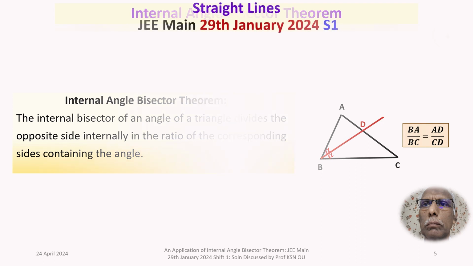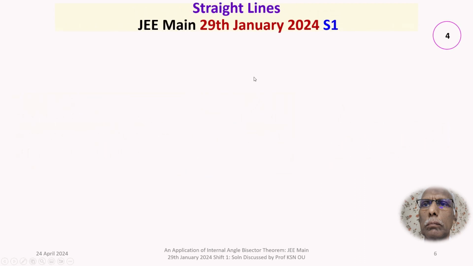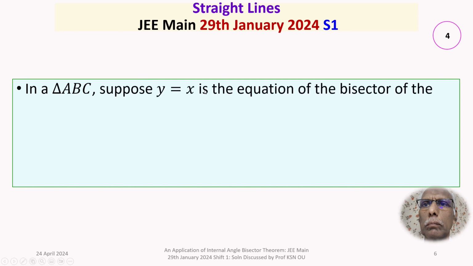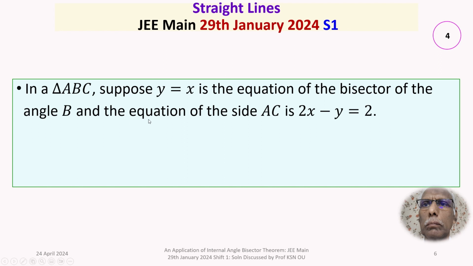So what is the question that has come in the JEE Main exam held on 29th January 2024 in the first shift? The question is: in a triangle ABC, suppose y equals x is the equation of the bisector of angle B, and the equation of the side AC is 2x minus y equals 2.